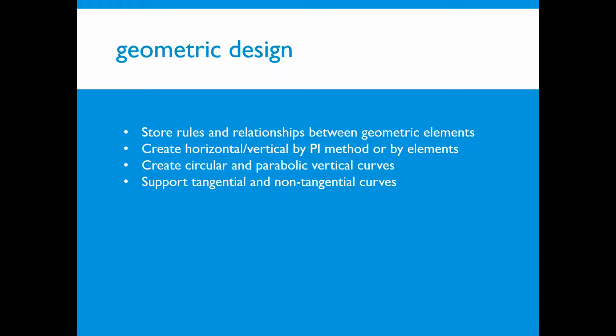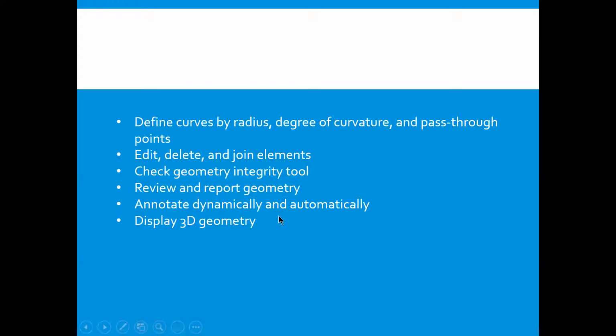They create horizontal and vertical geometry by the PI method and by individual elements, create circular and parabolic vertical curves, and support tangential and non-tangential curves. Define curves by radii, degree of curvature, and pass-through points.